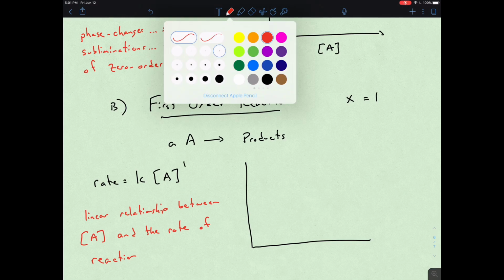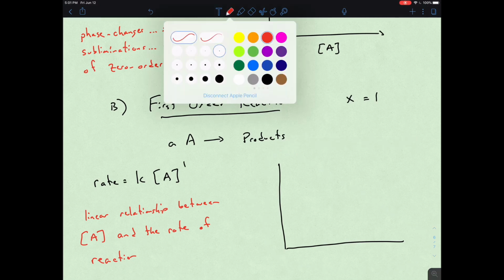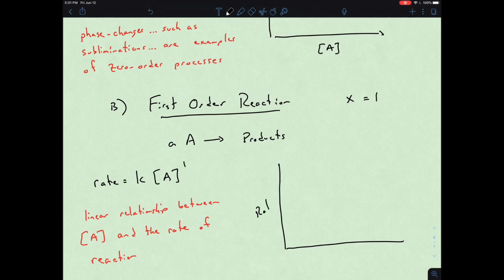So if we have the same type of plot of rate versus concentration or pressure of A, we would get a straight line like this.